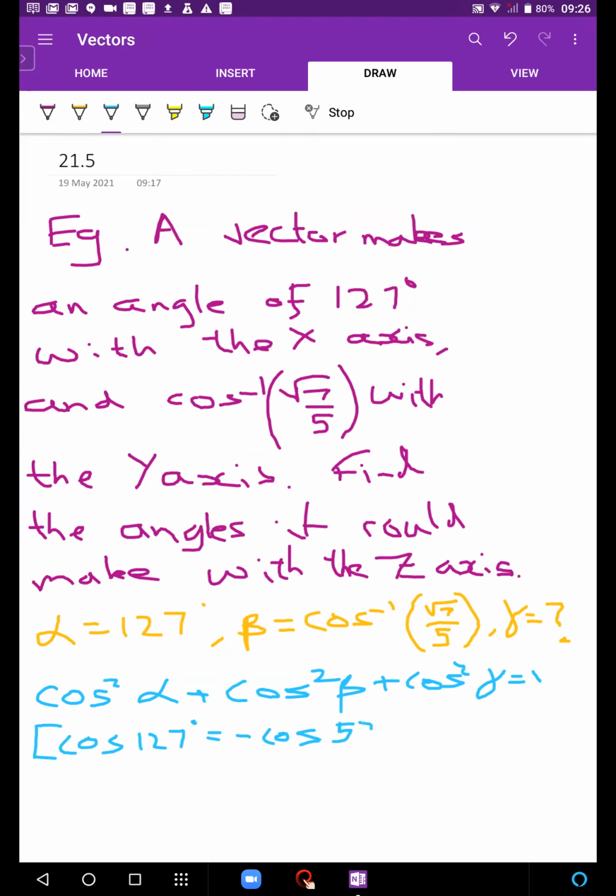So this term is going to be minus 3 by 5. On the other hand, cos of beta, cos of cos inverse root 7 by 5, is root 7 by 5.